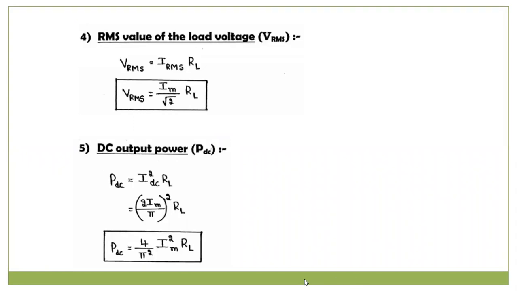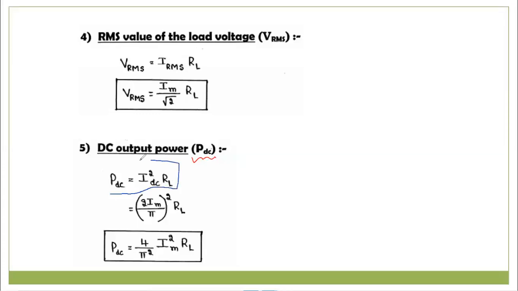The next mathematical expression is the DC output power, which is represented with PDC. We know that the power formula is PDC is equal to IDC square into RL.